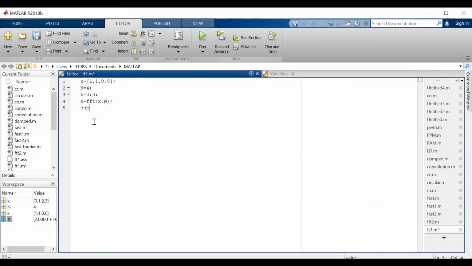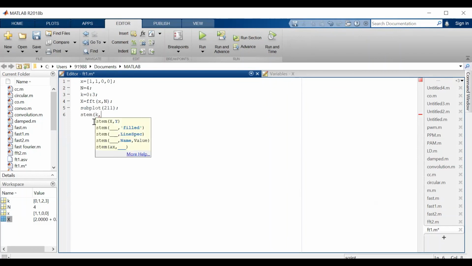So two plots we are going to plot, using subplot. The first one is subplot 211, stem of k. Now we have to give the k values.